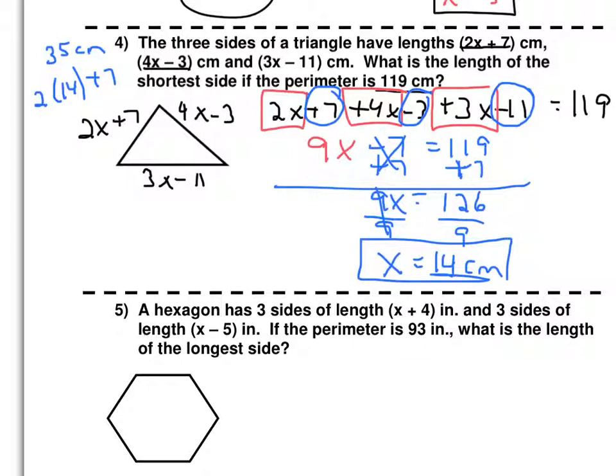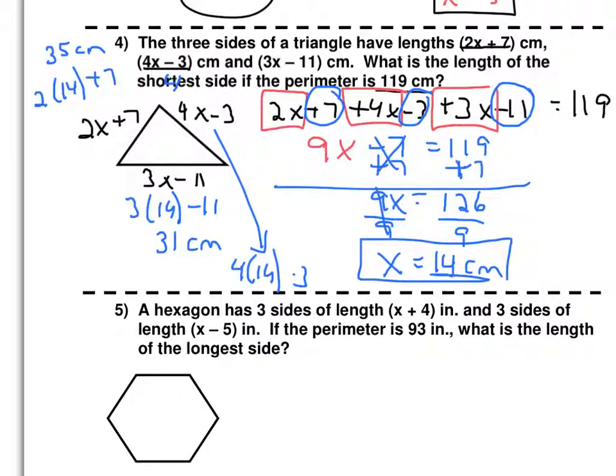Then this one is 3 times 14, which is 42 minus 11. 42 minus 11 is 31 centimeters, I believe, if I'm doing this right. And then this one is 4 times 14 minus 3.